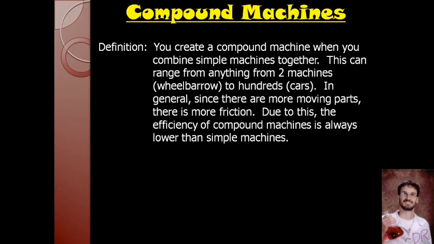So in general, what you need to consider when you are making a compound machine is that you typically have more moving parts. The more moving parts you have, the more friction there will be. So the more complicated the compound machine is, it is almost always going to result in a lower level of efficiency than just a pure simple machine.